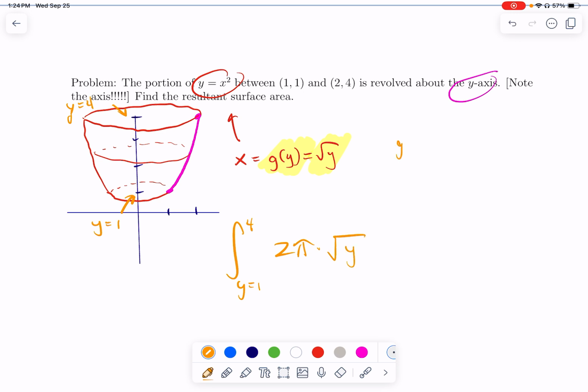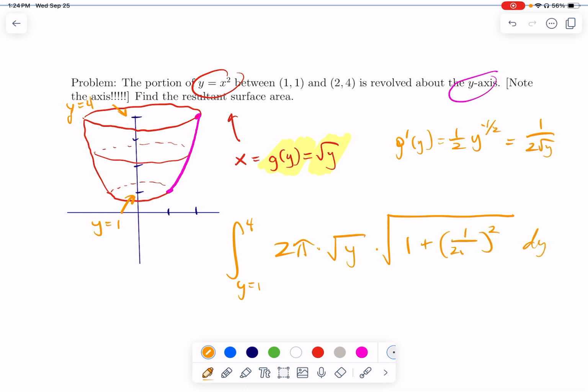And now let's figure out the derivative. g prime of y is 1/2 y to the negative 1/2, which is 1 over 2 root y. So here we have 1 plus derivative squared. So again, 2 pi times the value of the function times this arc length kind of thing.